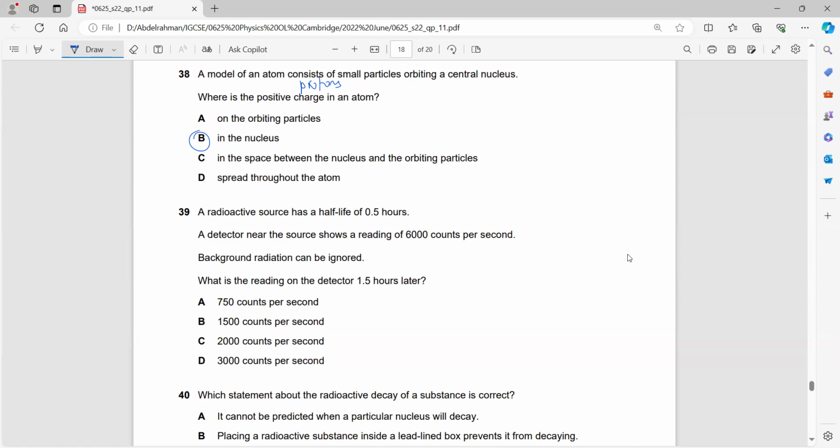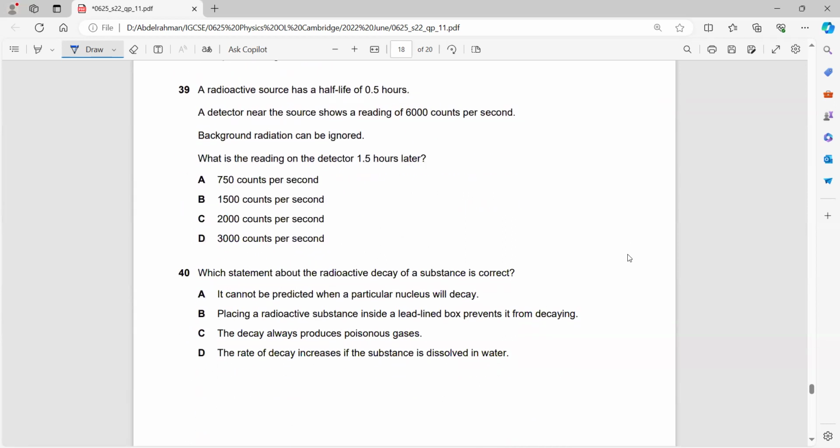A radioactive source has a half-life of 0.5 hours. A detector near the source shows a reading of 6,000 counts per minute. What's the reading after 1.5 hours? What should I do?